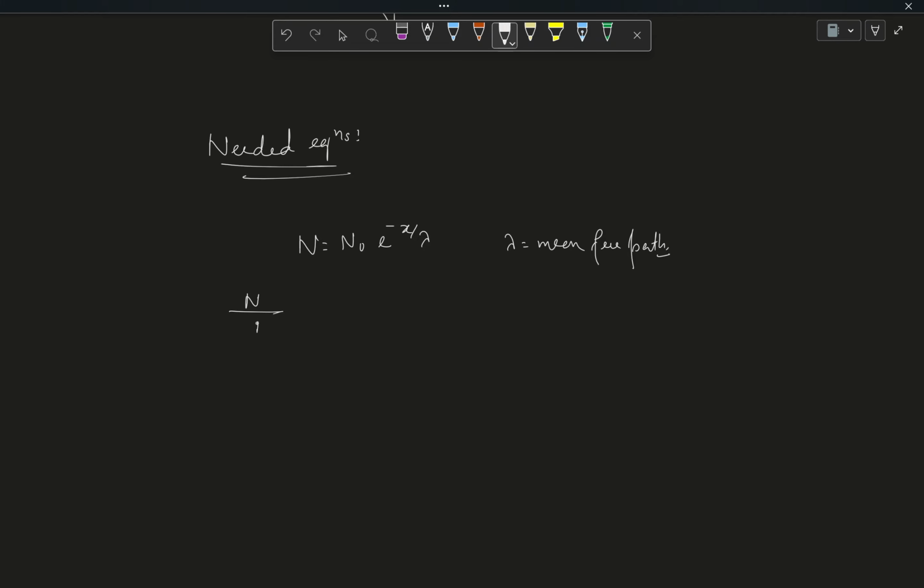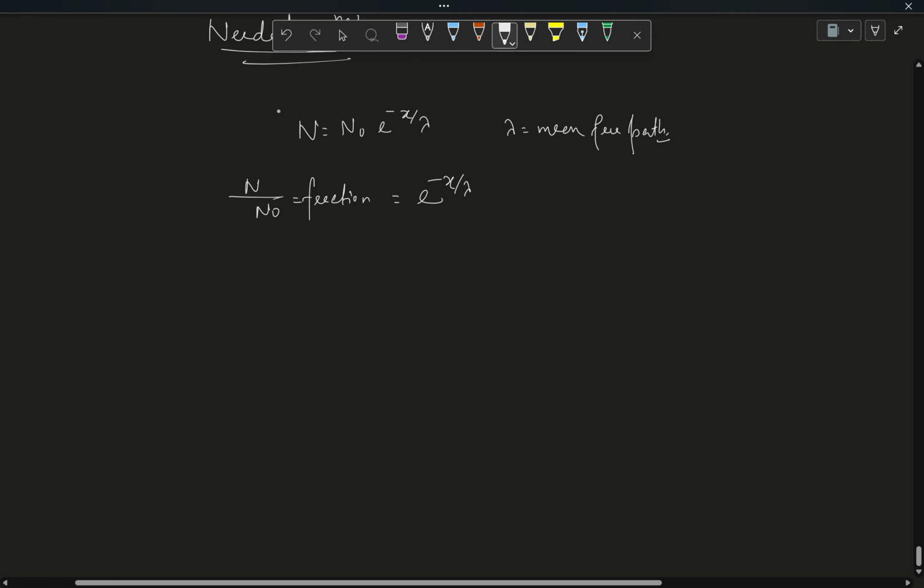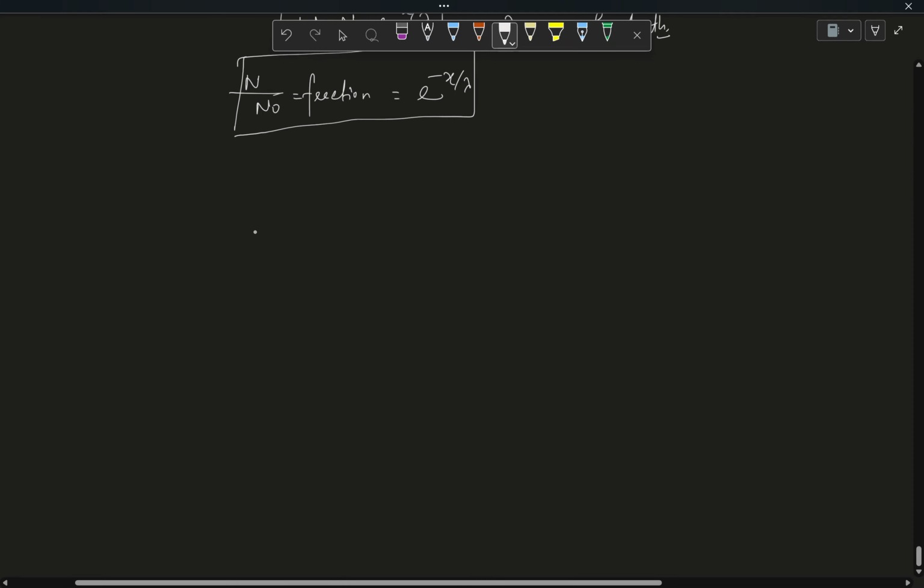So if you have to calculate the fraction of molecules surviving after x distance, it will be e to the power of minus x by lambda, right? And if you need the fraction, then you have to use this term.